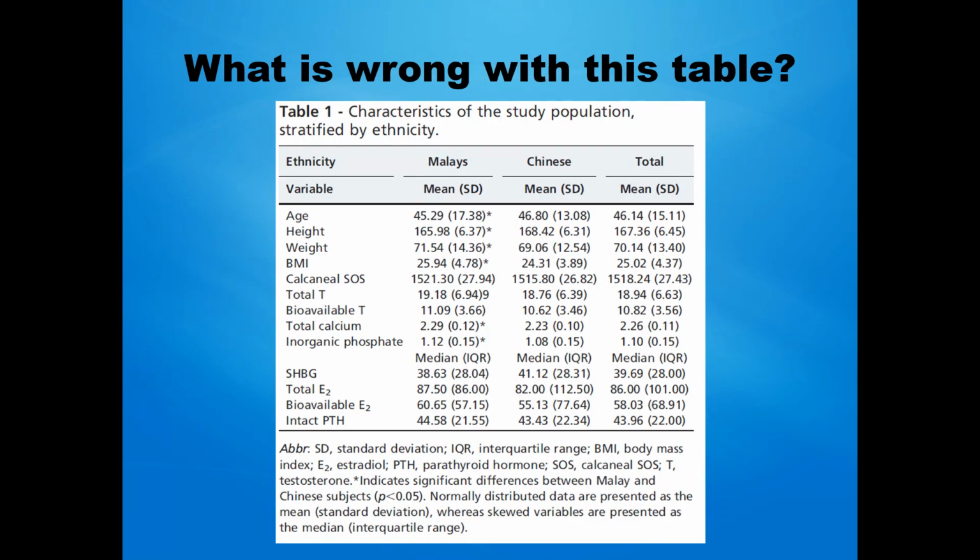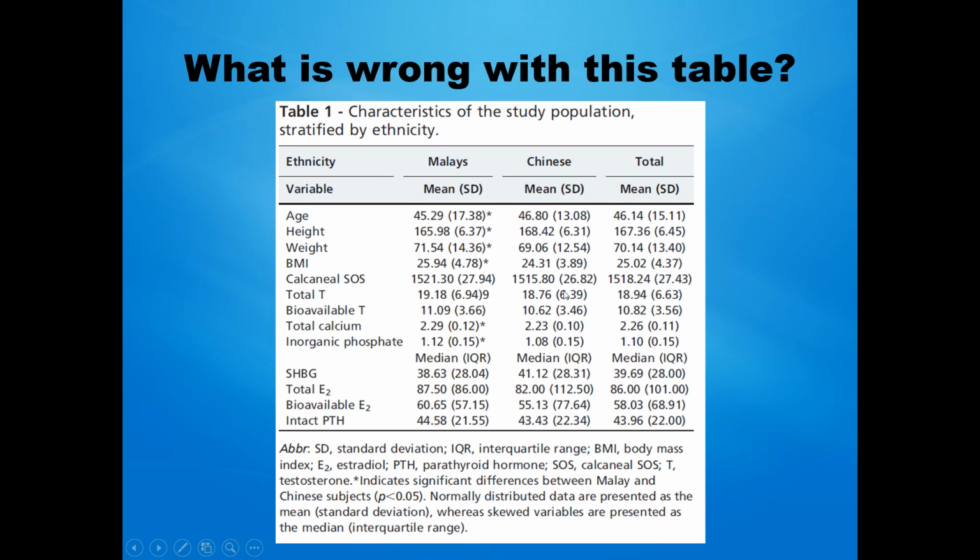Okay, so let's have a quick look at this table. What's wrong with this table? Well, you might notice that there's no unit of measurements in the variables of interest listed here. Okay, so this is an area for improvement for this table. You can see that the results are presented in mean and SD, and also in median and interquartile range.